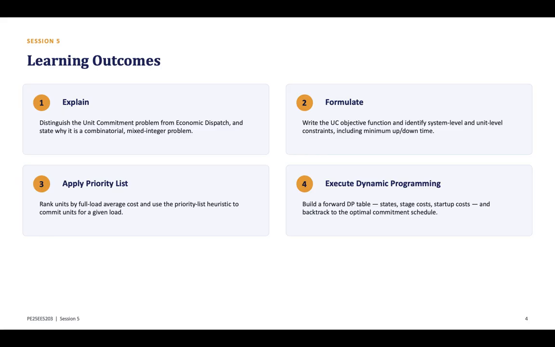So, the complete chain should be visible: identify the feasible unit combinations, calculate the economic dispatch inside each feasible combination, add startup cost when moving between combinations, retain the cheapest path to every state, and finally backtrack from the least cost terminal state.